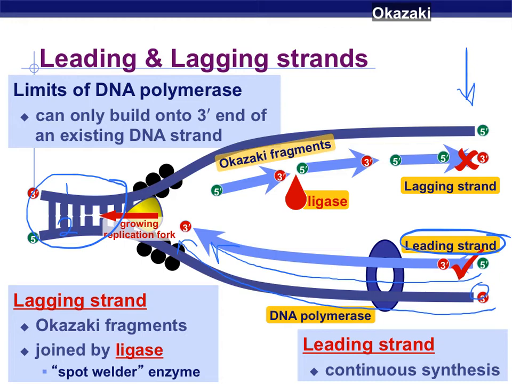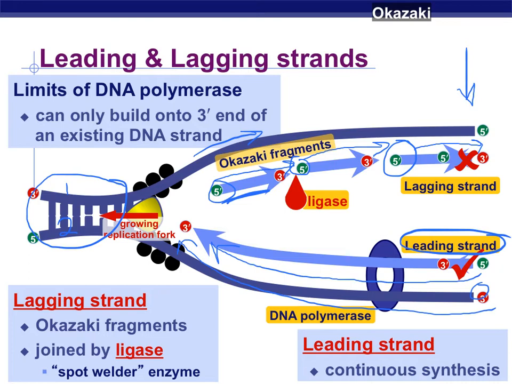Instead, there are small fragments in which, at the replication fork, the new daughter strands are laid down in a complementary fashion in the opposite direction. So they are laid down here. Then we'll jump to the next section and lay them down here, and then to the next section and lay them back. So it kind of jumps forward and then goes back, but according to the 5' to 3' for the new side, or the 3' to the 5' for the original template strand.